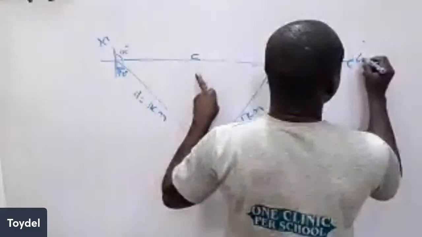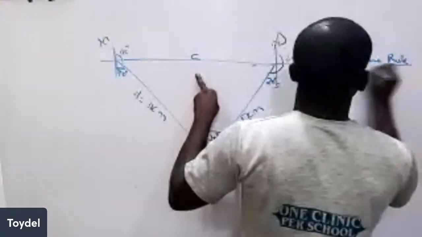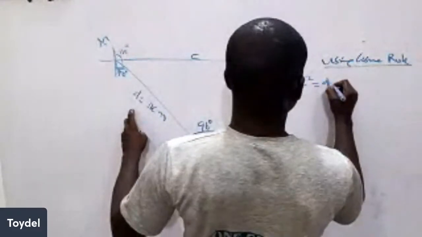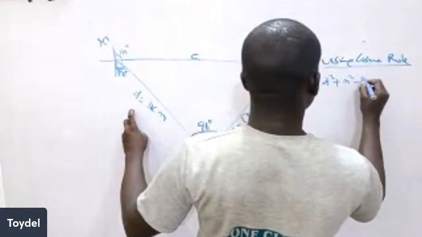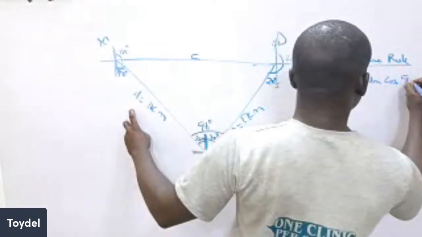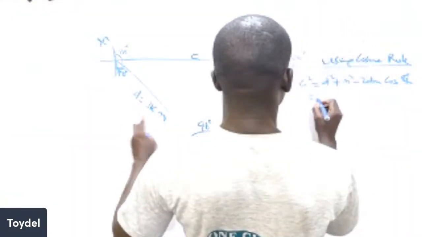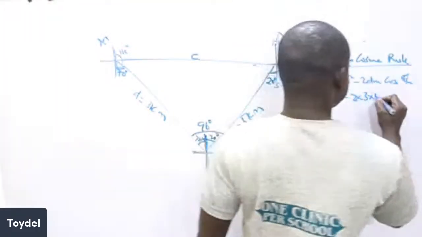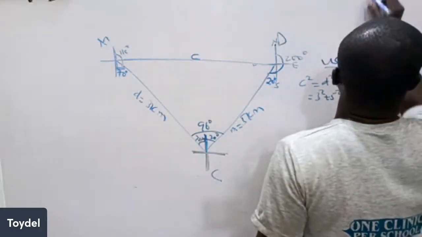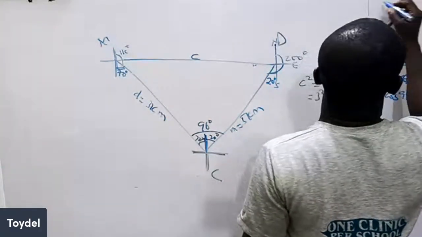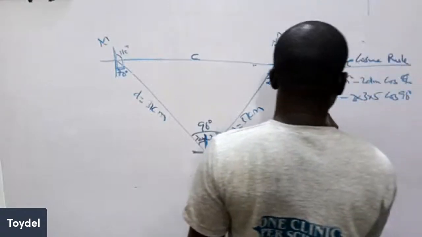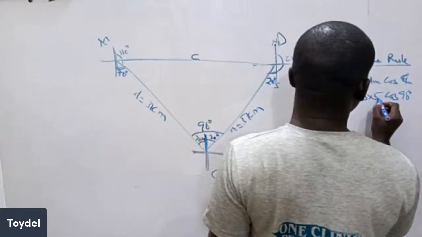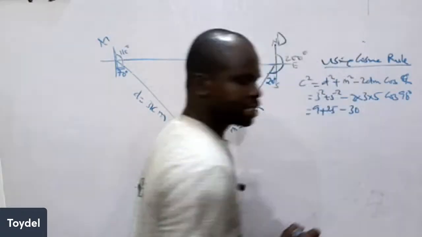Using cosine rule, we know that small c squared is equal to small d squared plus small m squared minus 2dm cos C. So in this case, d is 3: 3 squared plus 5 squared minus 2 times 3 times 5 cos 90 degrees.